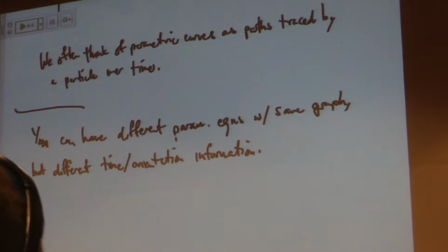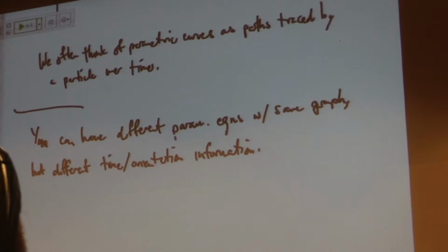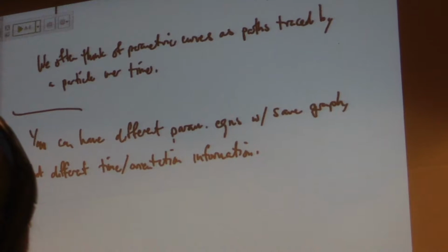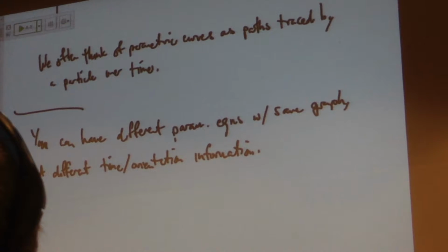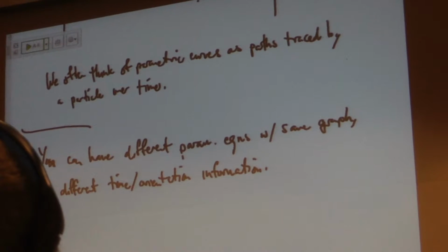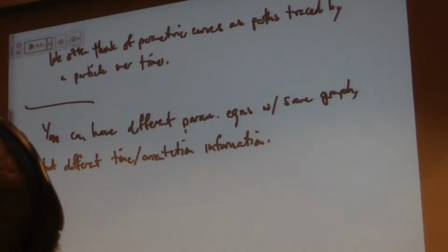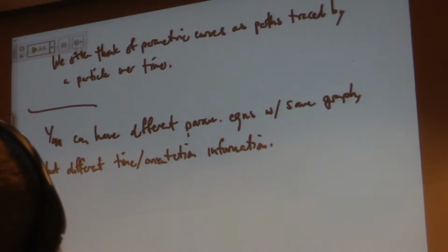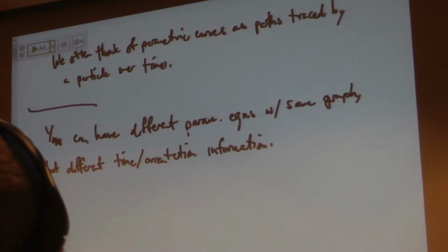I'll put it to you guys. Did anyone come up with a different set of parametric equations that has the same graph as this one that we've been looking at? It's worth a shot.